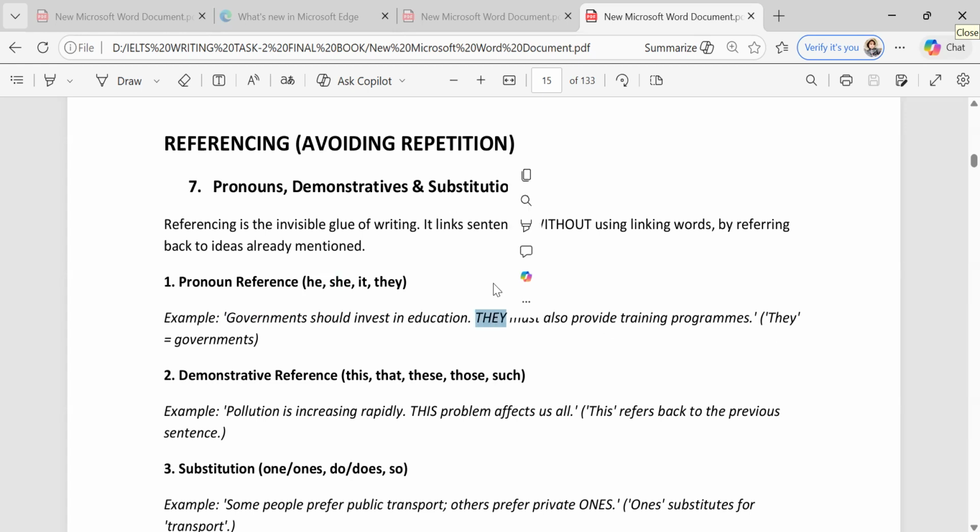I have used they. What have we used this they for? We have used it for governments. What if I write governments again? Can I repeat it? No, we never repeat again and again. Try to avoid repetition. So instead, I have used they. So again, it's a glue. Again, it's a connector. You linked your second sentence with the first one.